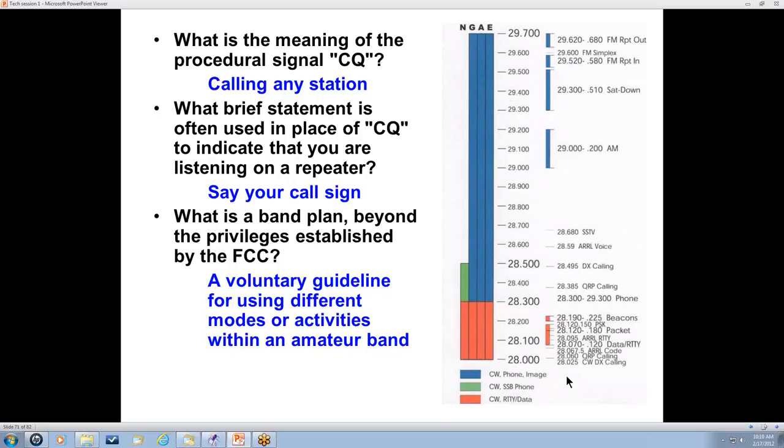Now what the amateur community has done is to take that and further break it down into different uses, and this is the voluntary band plan over here. Down in here we have various CW things.